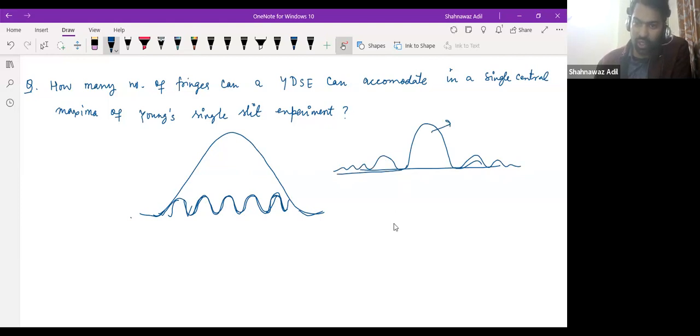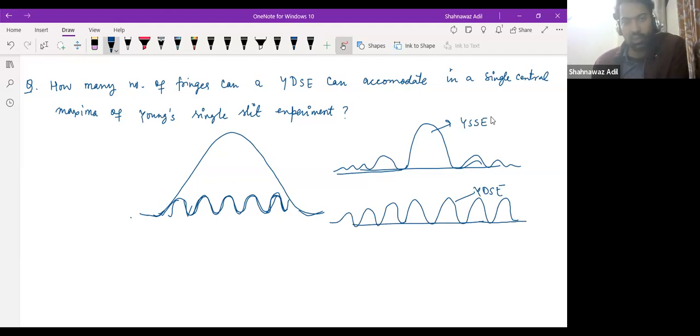But for the double slit, the intensity goes like this, so all the intensities are equal. So this is a double slit, and this is a single slit, Young single slit experiment.